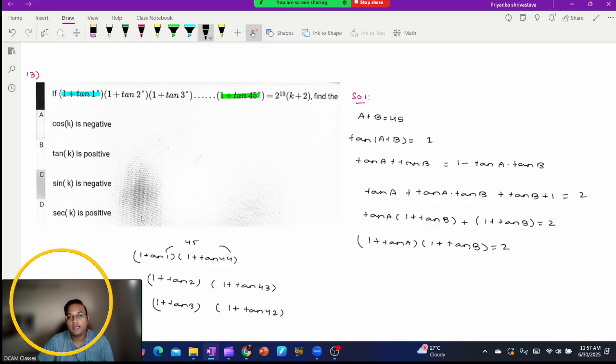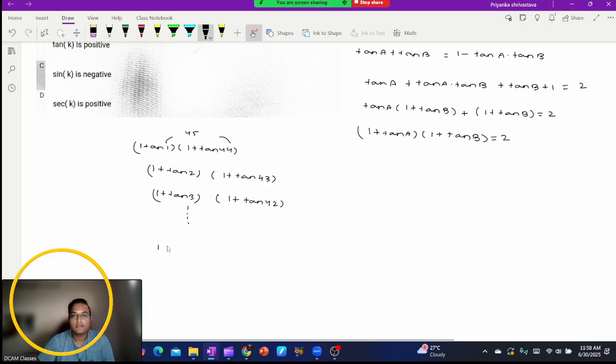Okay. And how many terms will be there? I'll move up to 1 plus tan 10 into 1 plus tan 35, 1 plus tan 20 into 1 plus tan 25.